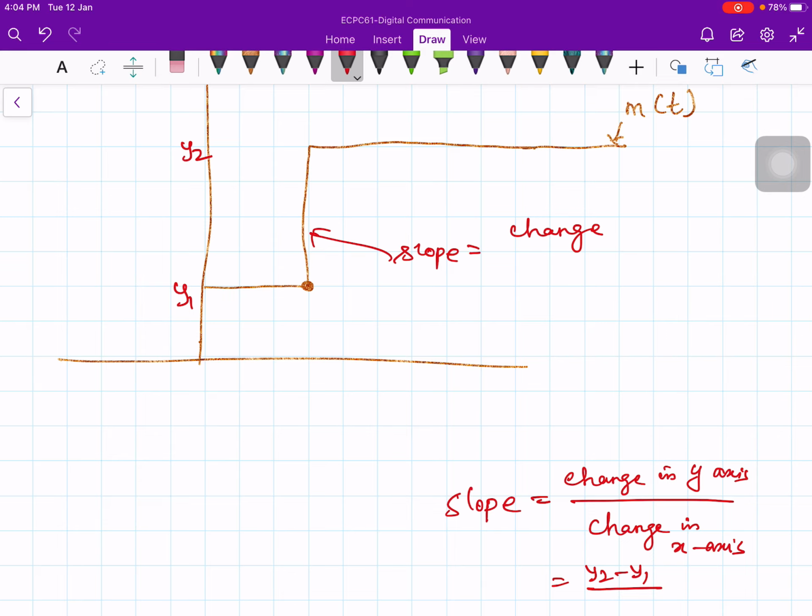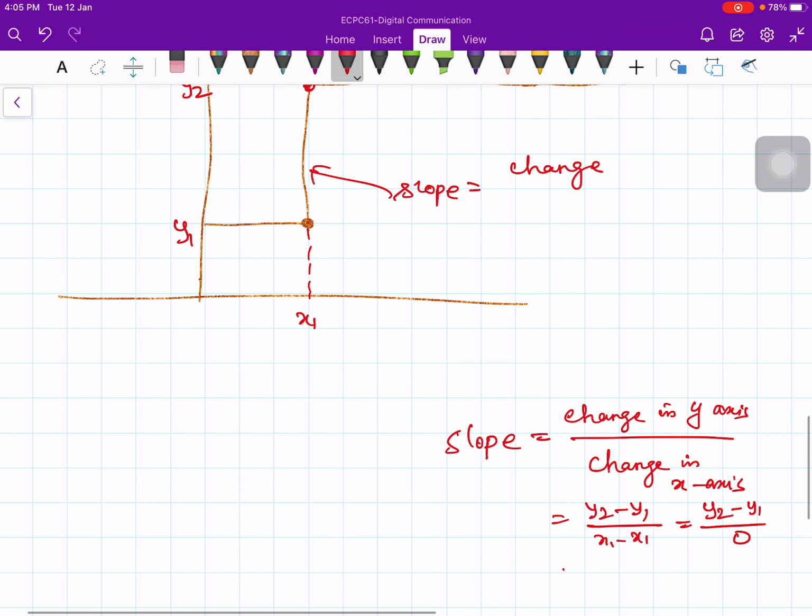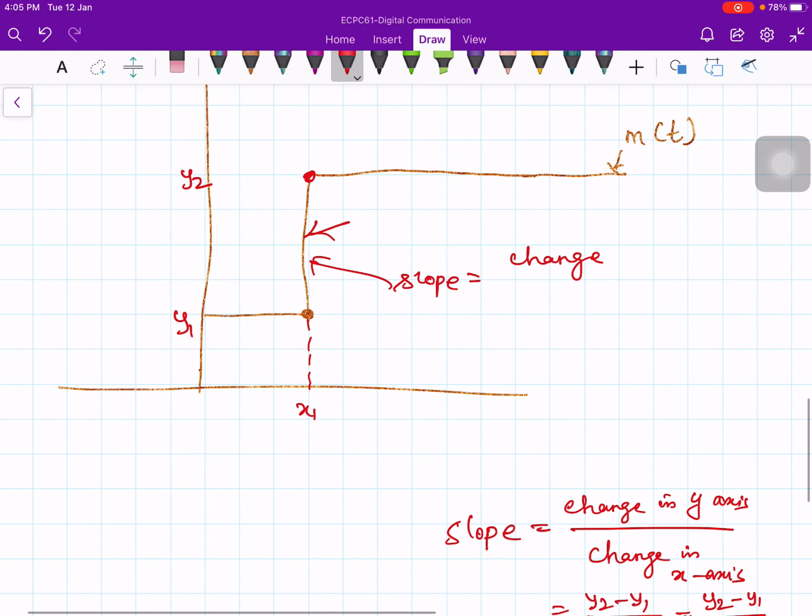This point is x1 and this point is also x1, so the change in x-axis is x1 minus x1. In the numerator you have some finite value y2 minus y1, in the denominator you have 0. Therefore the slope is infinity, a very, very large slope. So your delta modulator, which was approximating this waveform, does so as follows.